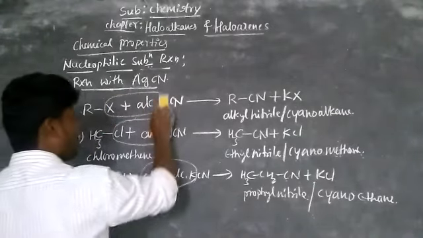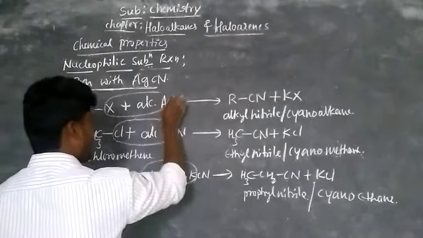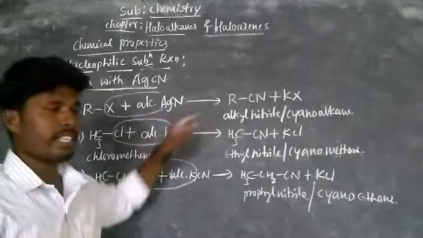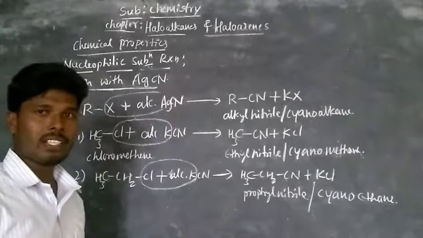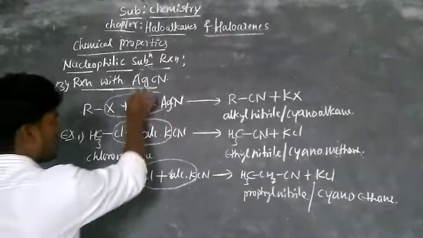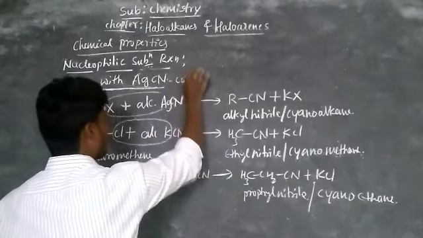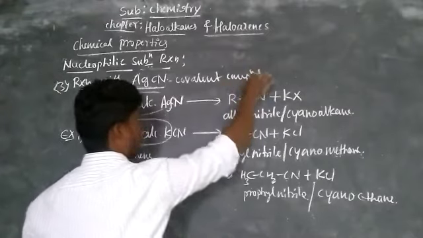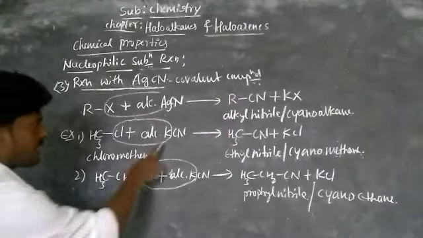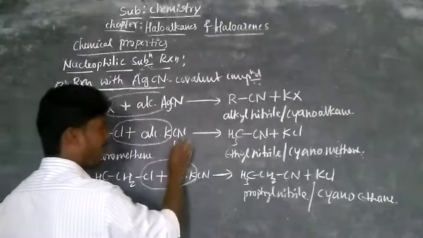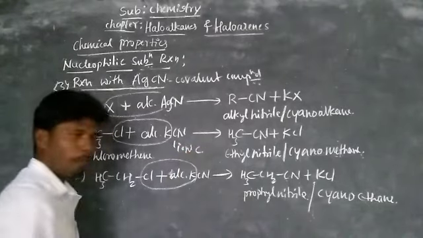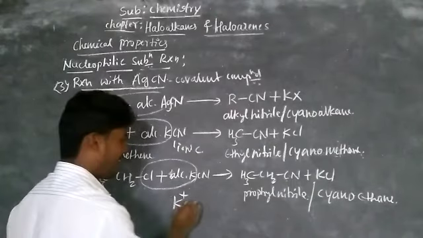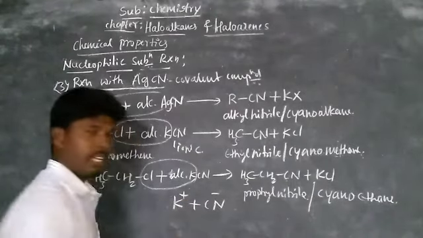If we are writing silver, the reaction changes, or the property of this reaction changes, because AgCN is a covalent compound. In the previous example, I told you this potassium cyanide is what? Ionic compound. Therefore, this potassium cyanide ionizes easily like K plus and CN minus.